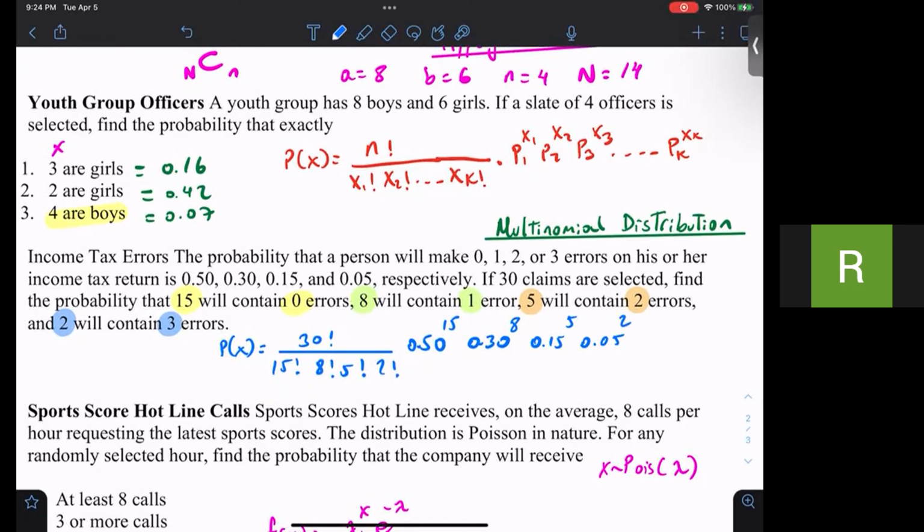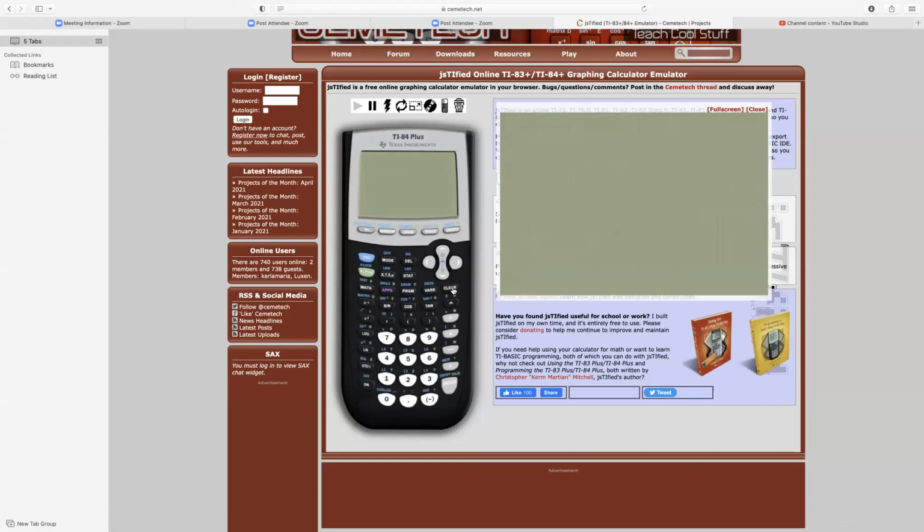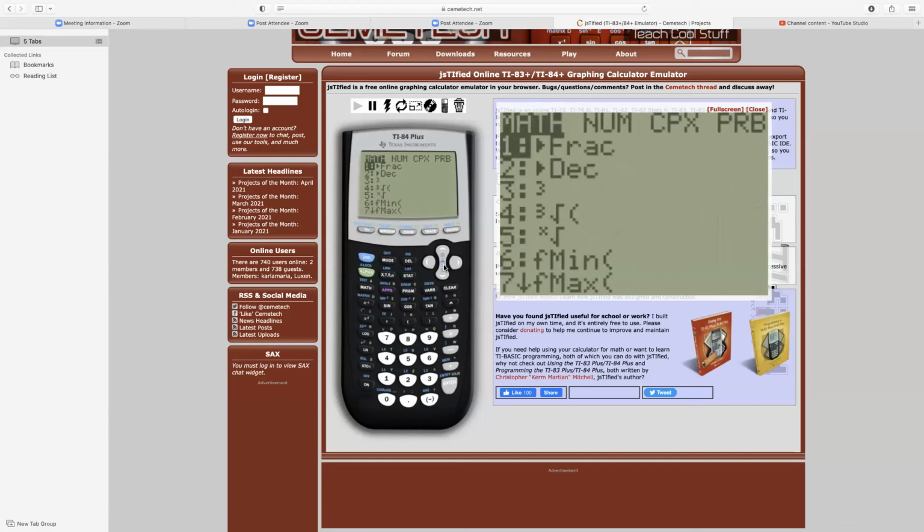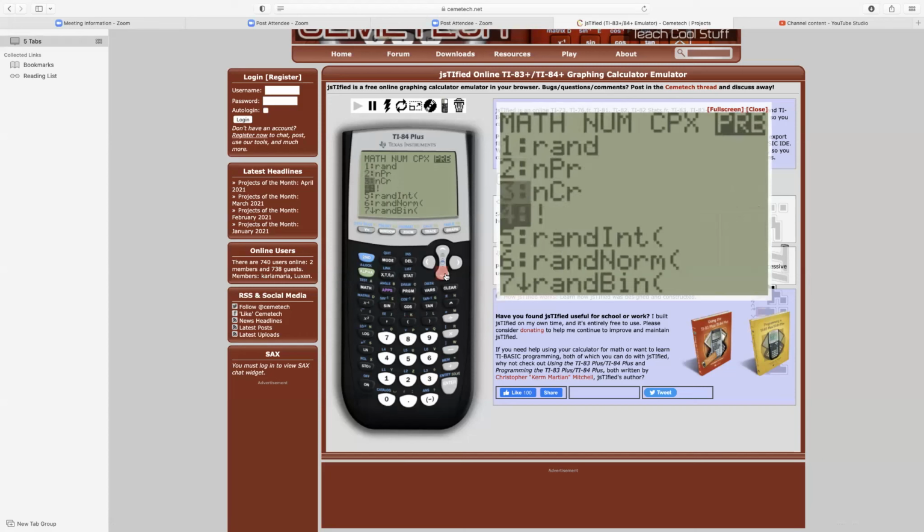You will have to do this by hand as well, but this is not difficult. You have the calculator, and that will help you out. If you want me to do it, I can do it for you, no problem. Let me show you how to do that. I have to do, that's a big number, so let me put this in parentheses, 30 factorial. You go to math, then probability, and there you have factorial.